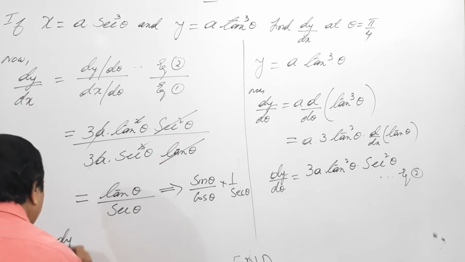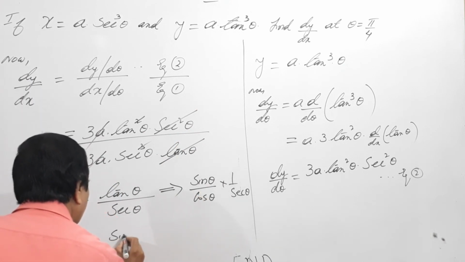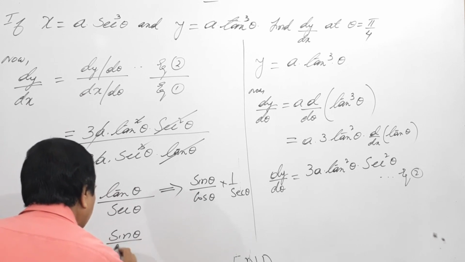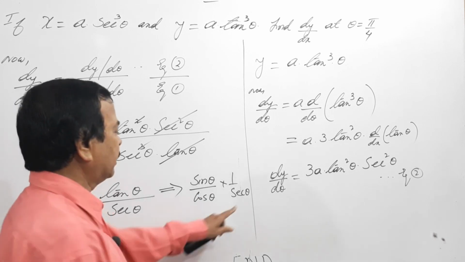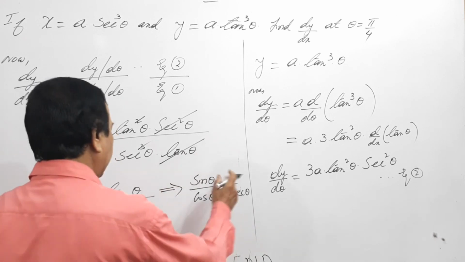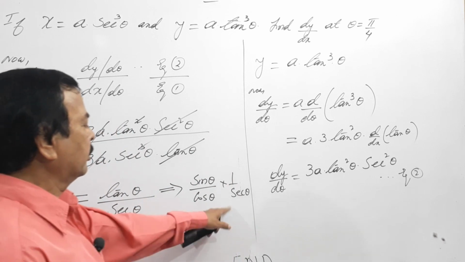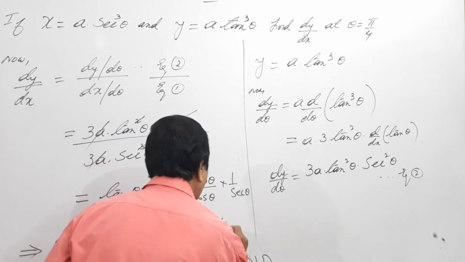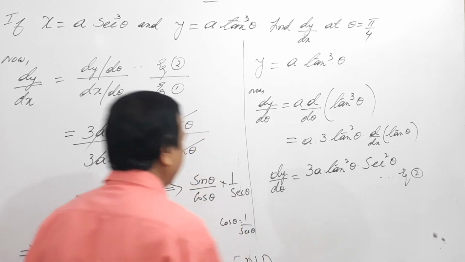So dy by dx is sin theta by cos theta into cos theta, because cos theta equals 1 by secant theta, note.